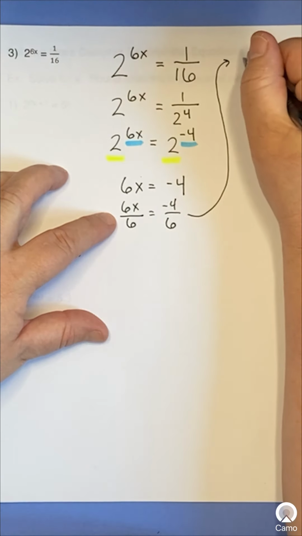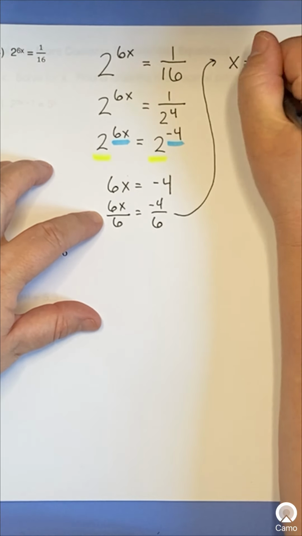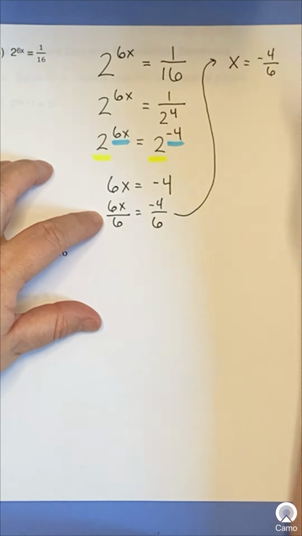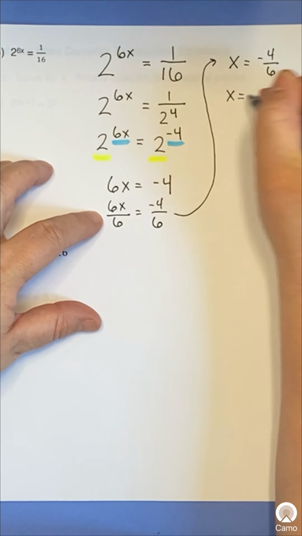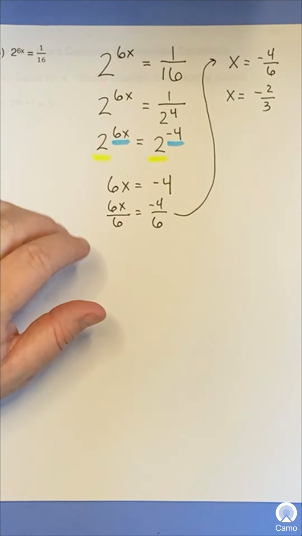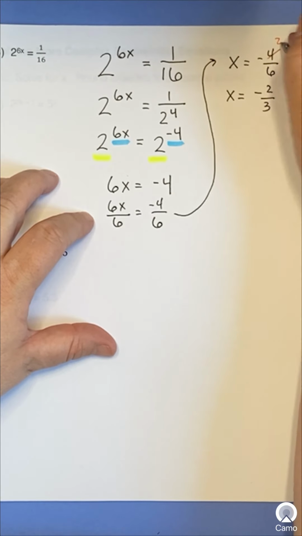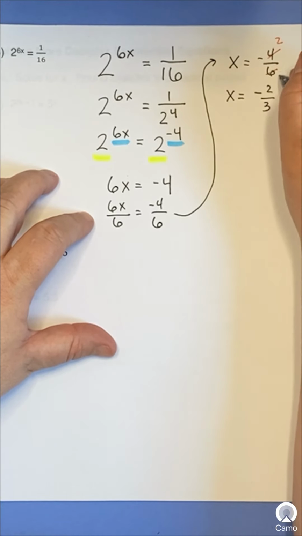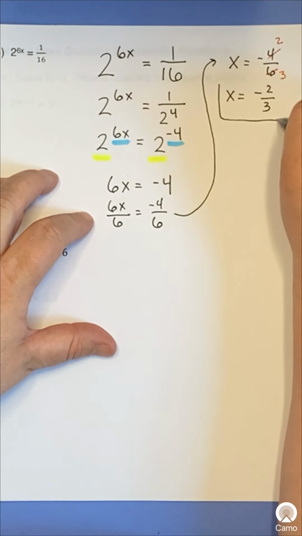Okay, so I've got x on the left, right, equals -4 over 6, which I can actually reduce, right, because I can cancel: 2 into 4 goes twice, 2 into 6 goes 3 times. So I've got x equals negative 2/3.